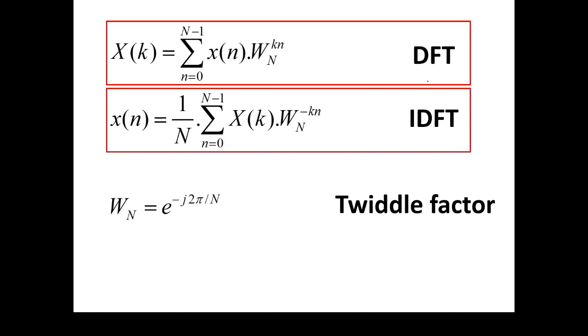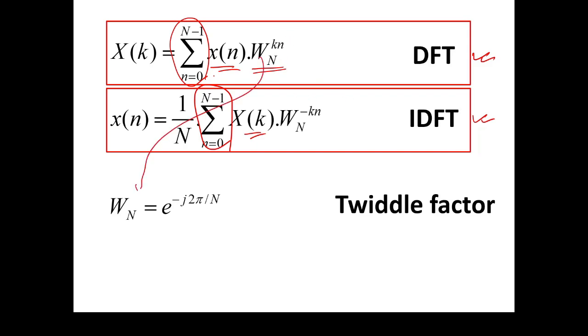If you look into these equations, DFT and IDFT, both of them are now discretized. Herein, there is one component, W_N^{kn}, which is regarded as the twiddle factor.